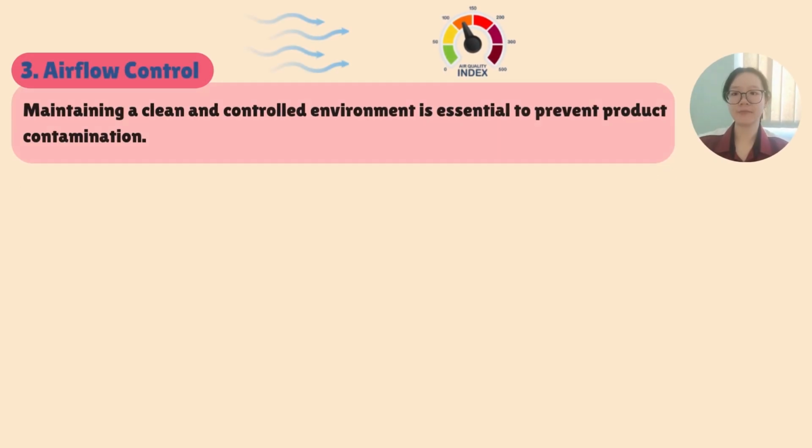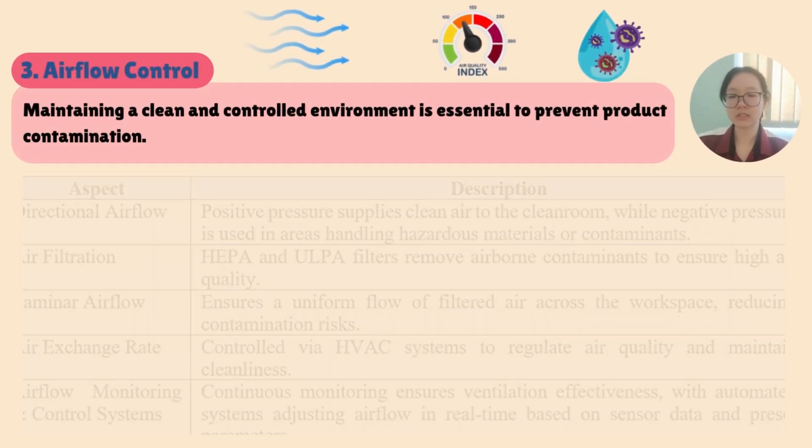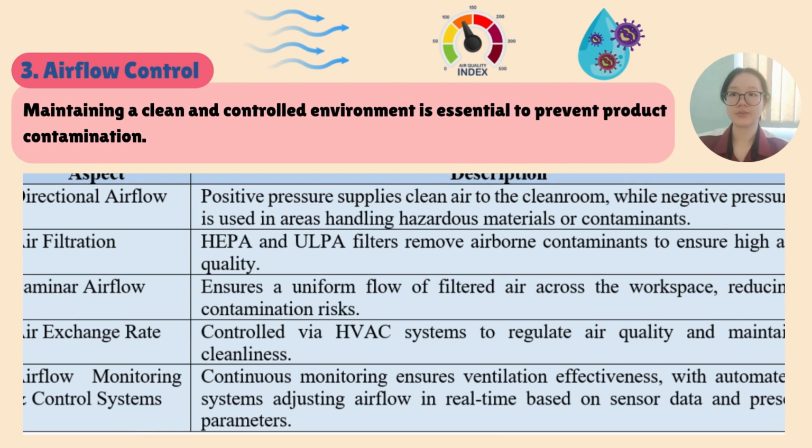Then, maintaining proper airflow control is essential to prevent contamination in the clean rooms and syringe production area. Directional airflow uses positive pressure to keep clean air in, and negative pressure in hazardous areas to keep contaminants out. Air filtration using HEPA and ULPA filters removes airborne particles for high air quality.